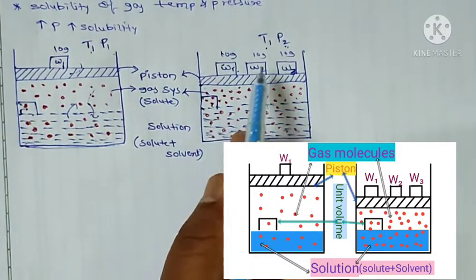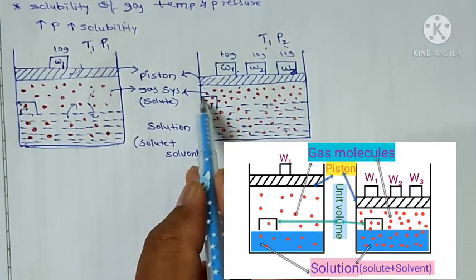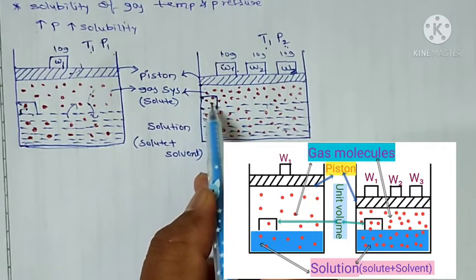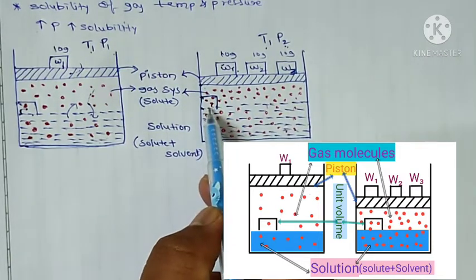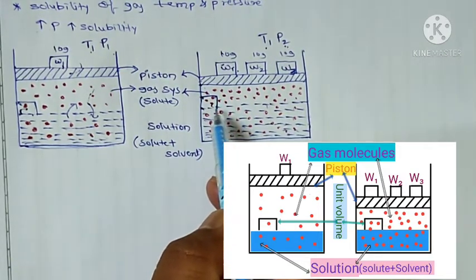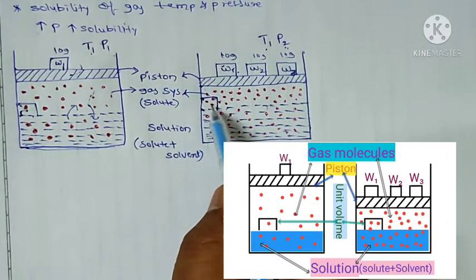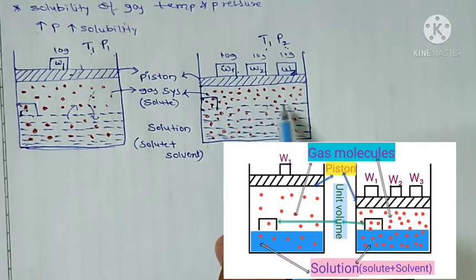But after increasing the pressure, in one unit volume there are three gas molecules. So with the increasing of pressure, the number of particles in a unit volume increases. The number of gas molecules increases above the surface of that solvent, so more gas molecules enter into the solution.